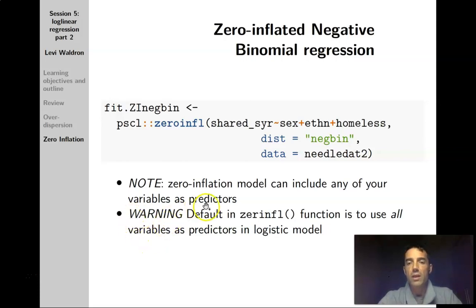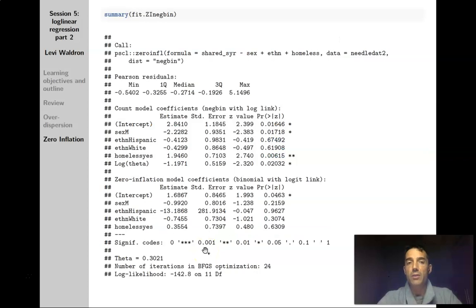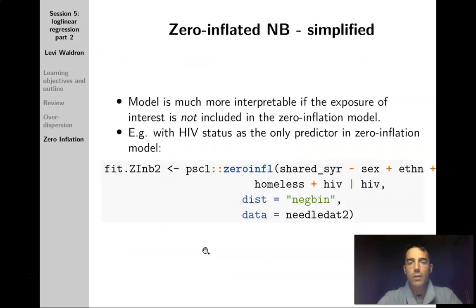So just a note here that in this default model, the zero inflation model can include any or all of your variables as predictors, and the default for this function is to use all of the variables as predictors. So here's a slightly simplified model. In the second one, I'm going to specify that only HIV status is the predictor.